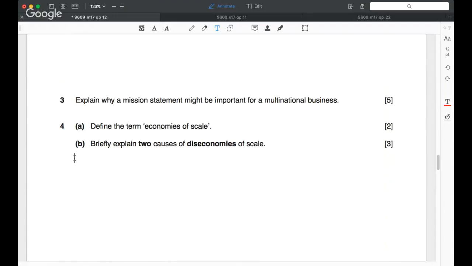In other words, it's getting more out of what you've already got, so it's putting more product through a production line without increasing your costs. Again, I re-emphasize that you just need to put the definition down. You don't need to explain it. So it is quite clearly when the cost of production falls and the output increases.